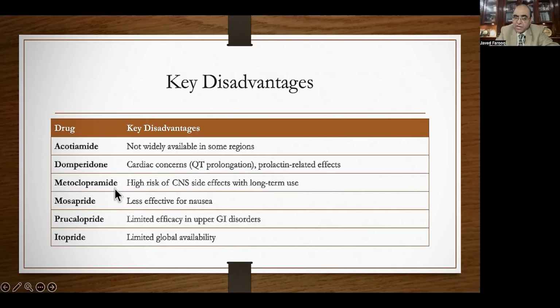The key disadvantage of mosapride is that it's less effective for nausea. Similarly, the limited efficacy in upper GI disorders is prucalopride's key disadvantage. While Itopride again has limited global availability, which becomes its key disadvantage, but it is available in Pakistan.